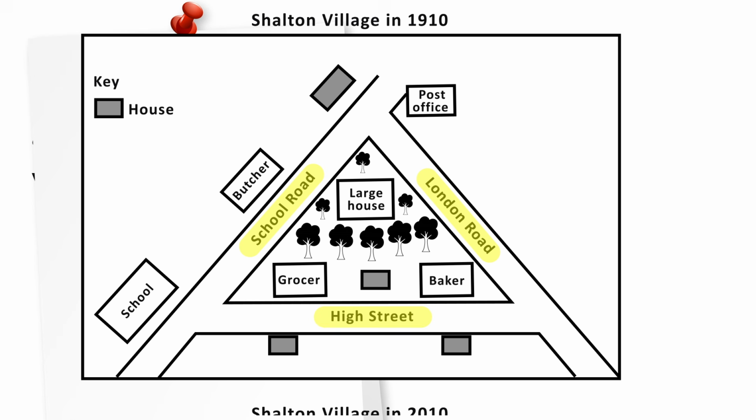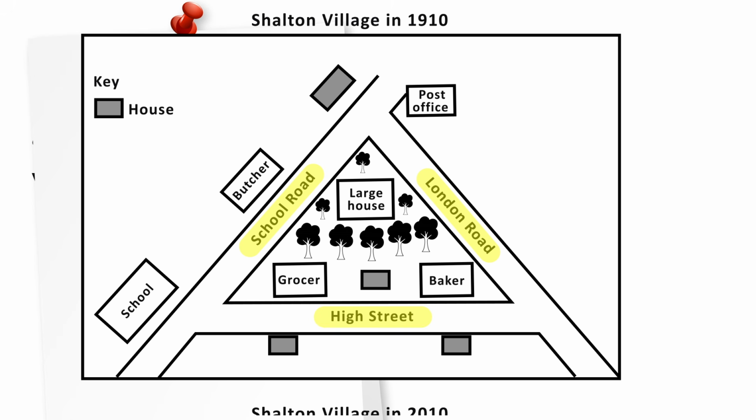At the heart of this village, there is a large house which is surrounded by trees, right? And in the south part of the large house, there is a grocer and also a small house and a baker, right? And there is also a post office, butcher, and school to the west.